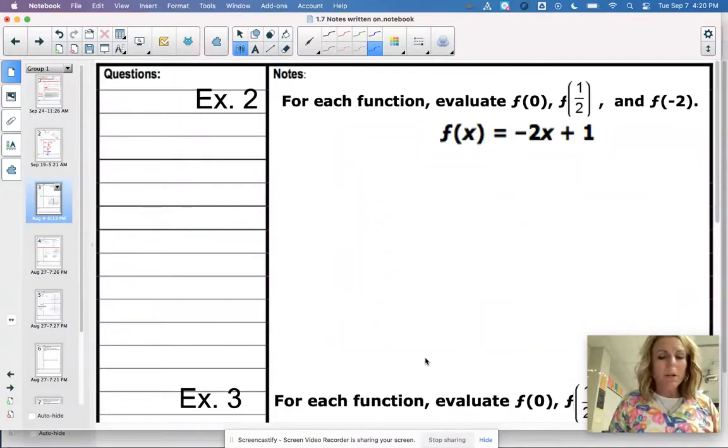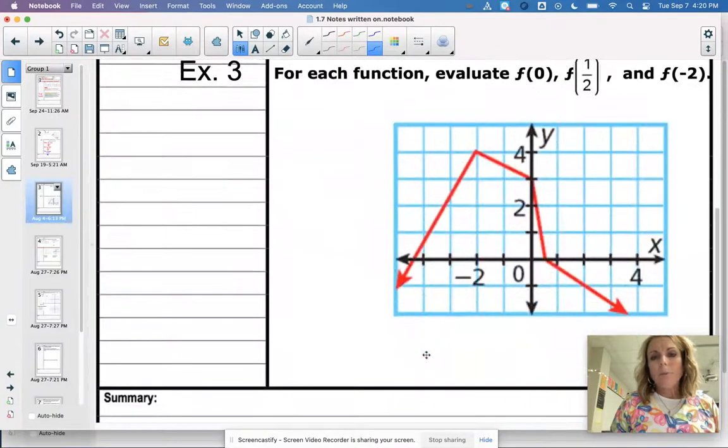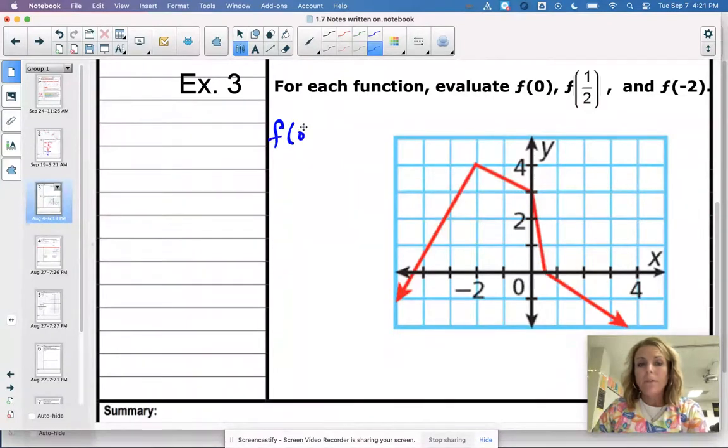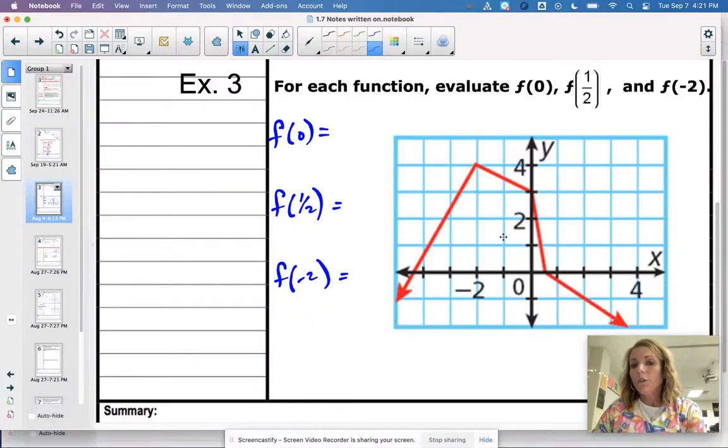Example 2 we're going to do in class, and now we're going to jump to example 3. Now we're given a graph, and we're asked to find f of 0, f of 1/2, and f of -2. This time, instead of plugging the x's into the function, we're going to look at the graph.